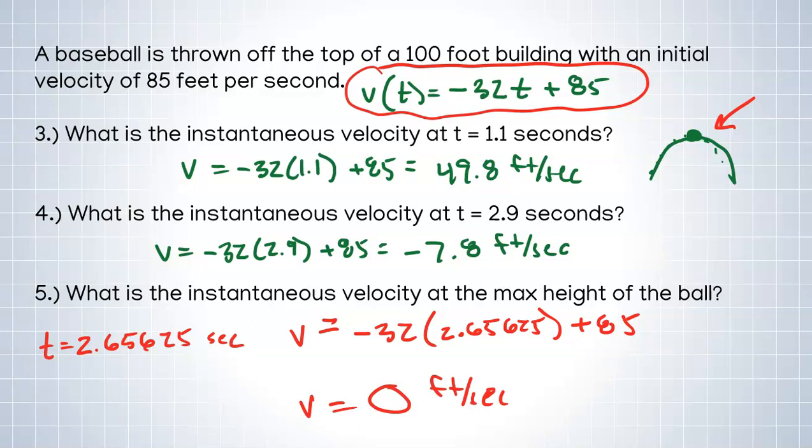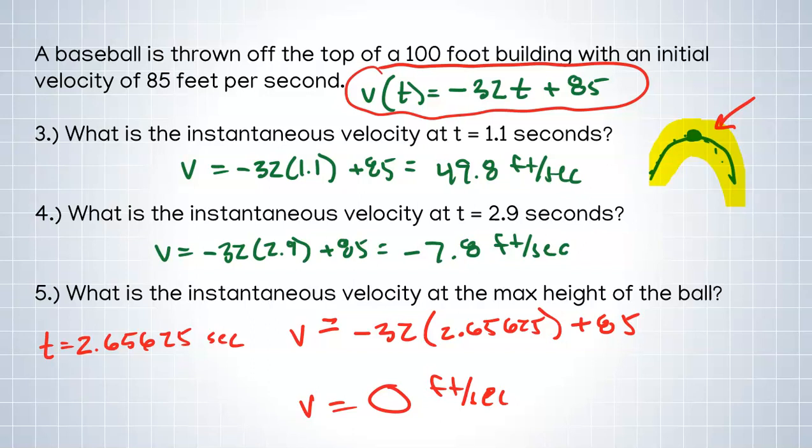Because when that ball reaches its maximum height, gravity has now equaled the initial thrust, and the object is basically paused. It's like just sitting there, and then gravity takes over and the ball comes back down. So at that maximum height, it actually makes complete sense why the instantaneous velocity is 0. Because when that object is thrown, it has that initial velocity on it that's causing it to go up, up, up, up, up, even though gravity is pushing down on it.